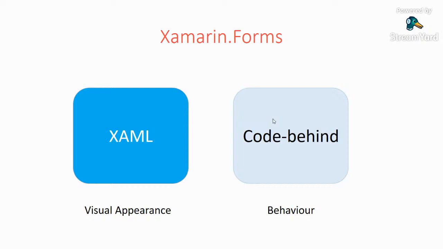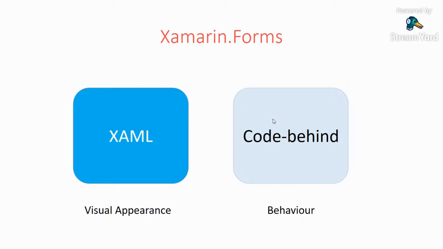Next one is the Xamarin.Forms structure. XAML, extensible markup language. You can define your UI in a XAML page, like where you are going to place a label or text, and the visual appearance of your UI. And every XAML page has a code-behind page, which is a C# page.